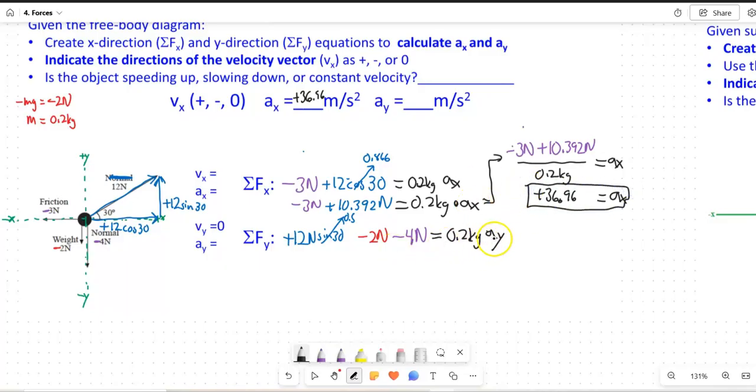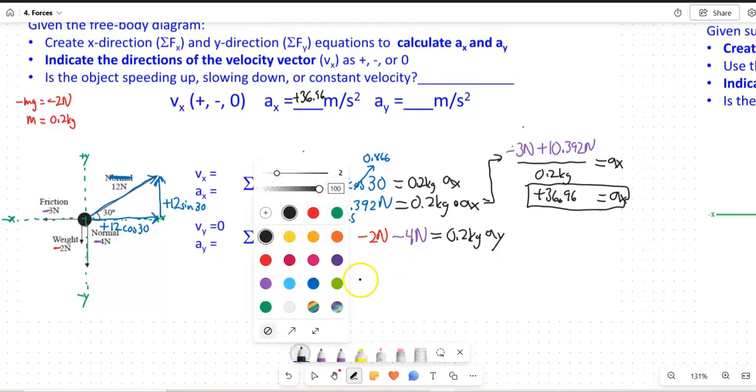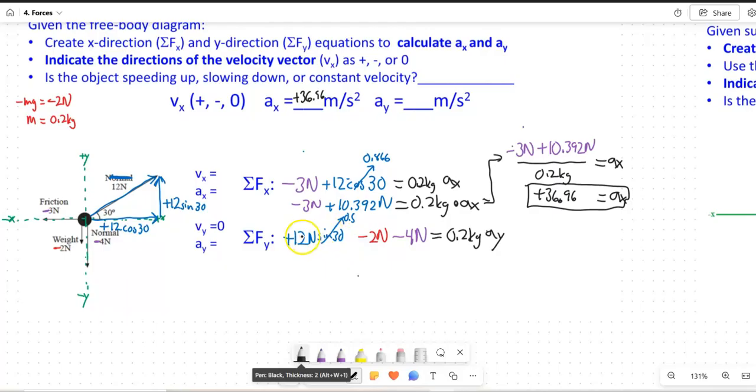Let's find the other acceleration in the y direction. So when we put that all together, this is 12 times 0.5, 6, minus 6, so that's 0 newtons divided by 0.2 kilograms, the acceleration in the y direction.